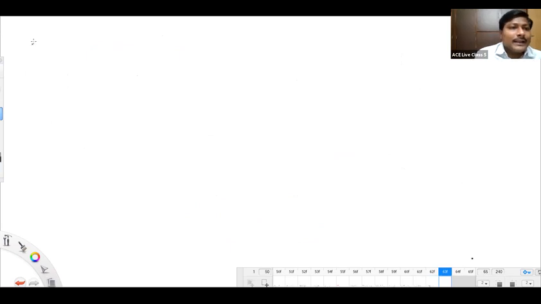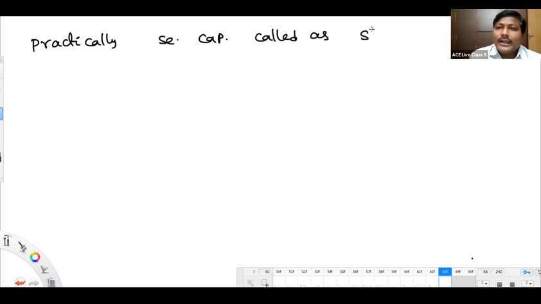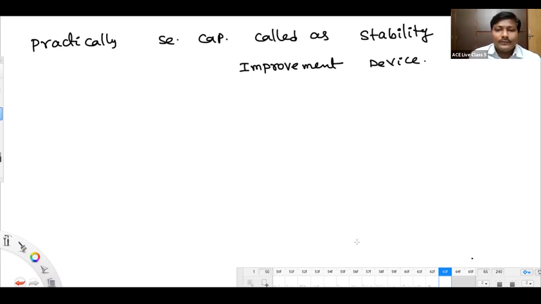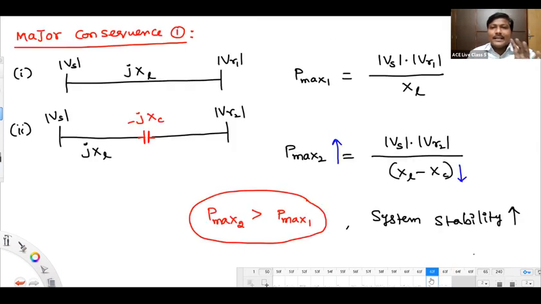So practically, the series capacitor is called a stability improvement device. Okay, done. Next thing. So this is one major consequence, improvement in the stability of the system.